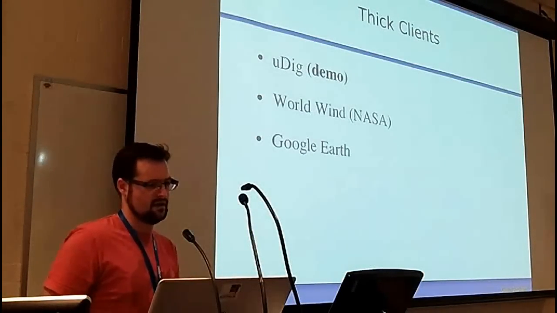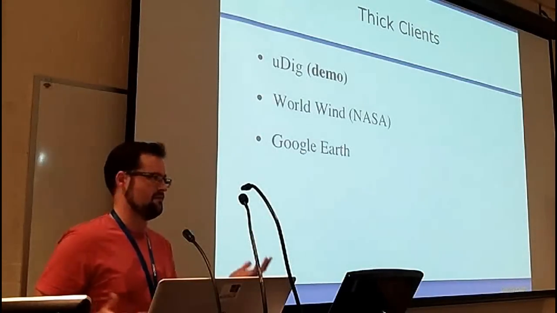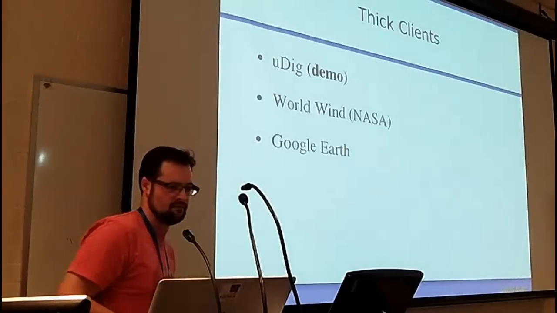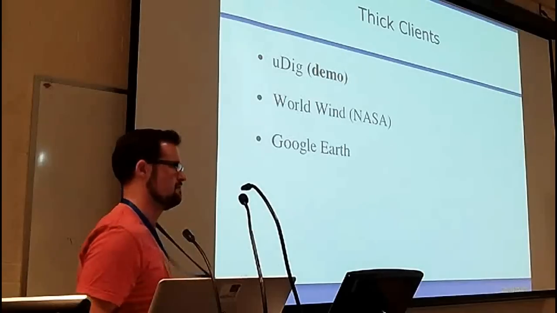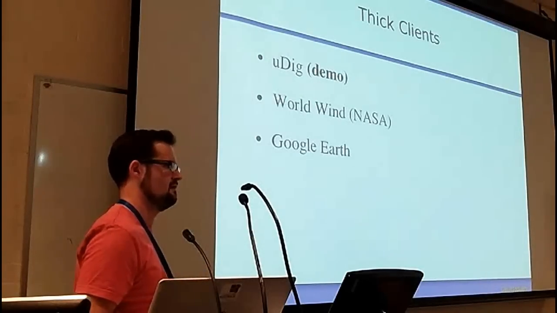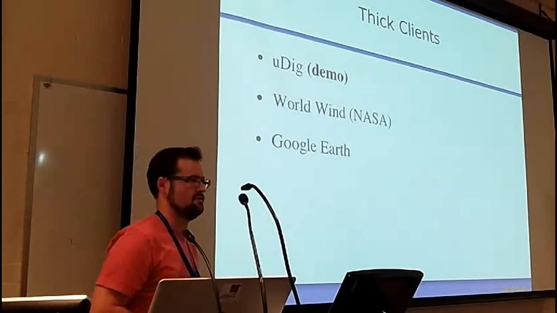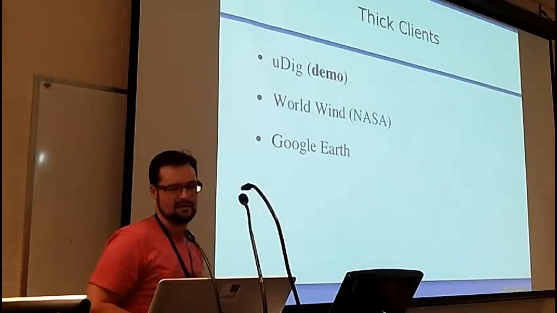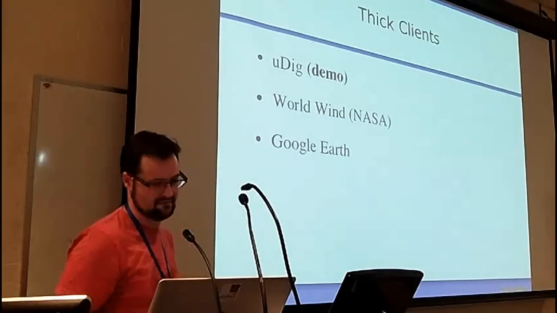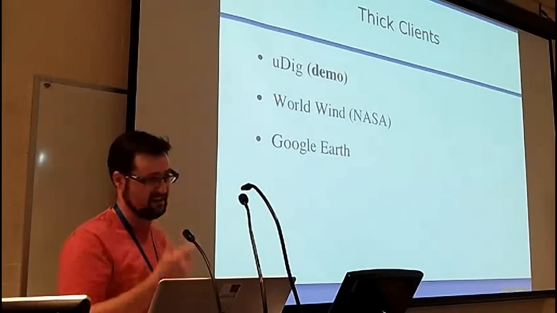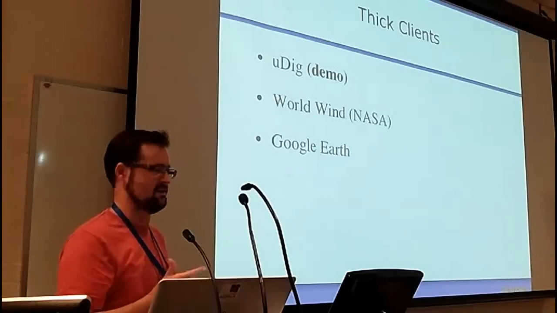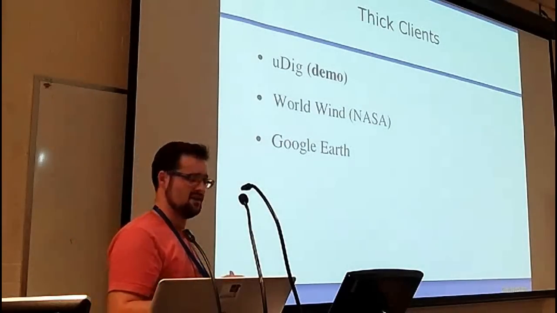Okay, thick clients. I'll just talk briefly about three of the main ones that I'm familiar with. uDig, I think, is the best open source GIS client out there that runs on Linux. There's a few that run on Windows as well, which I don't actually know off the top of my head. They do look promising, but uDig's written in Java and uses GeoTools.